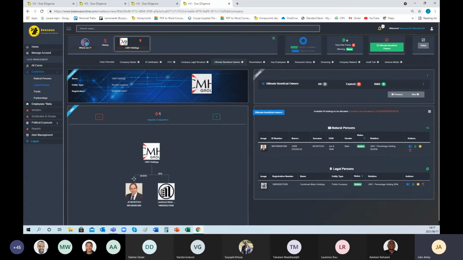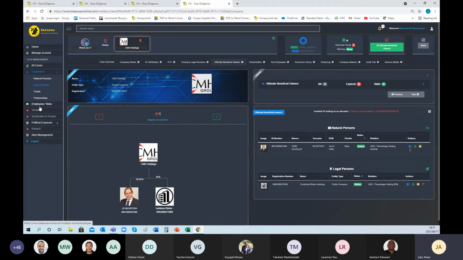Each of those also allow me to see the graph that displays that particular information, and I can do ID verification, a PEP check, a rep check, adverse media on the company itself, as well as the related individuals within the company. I would love to show everybody our employee module, vendors module, syndicates and groups, but I know that we're not going to have enough time for that.